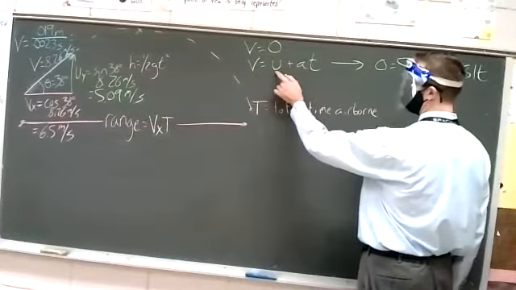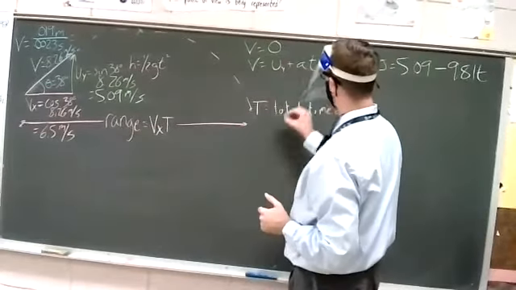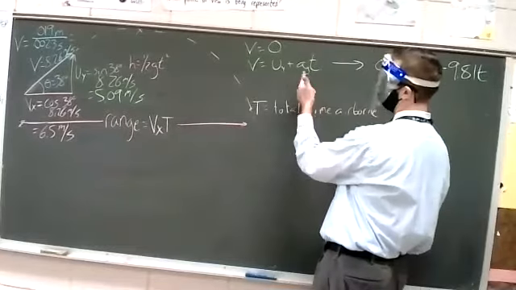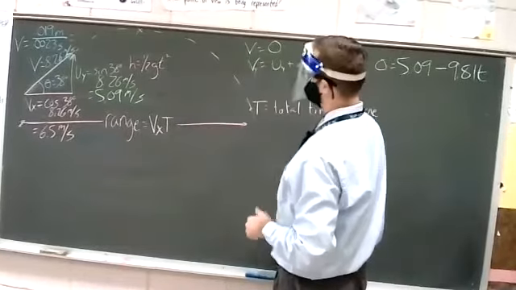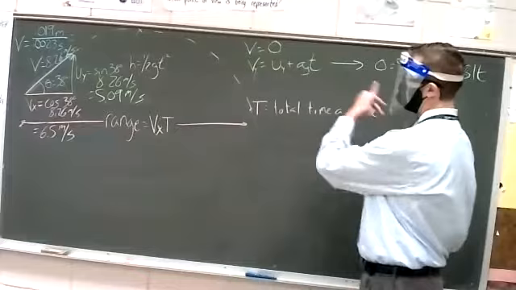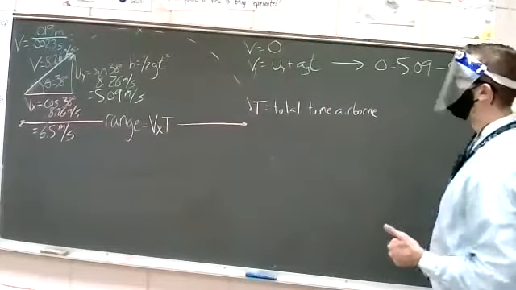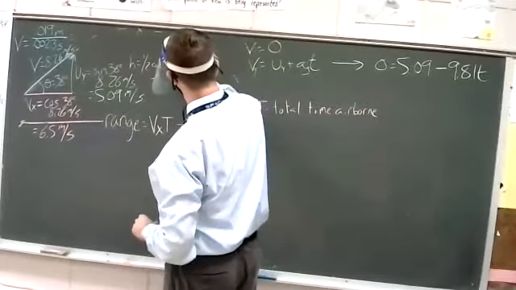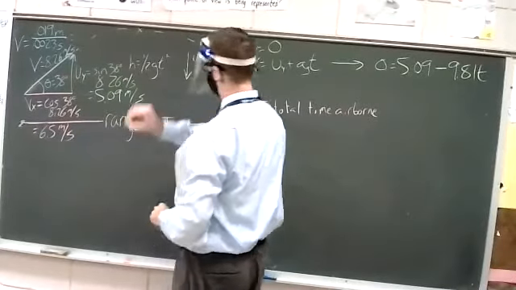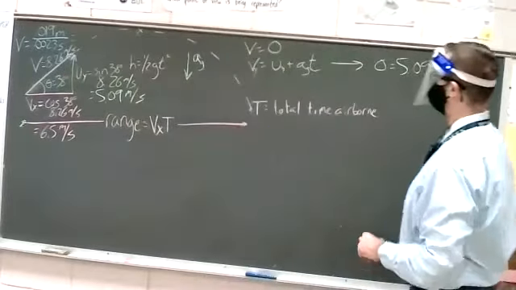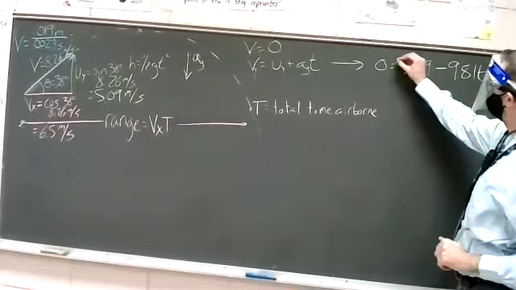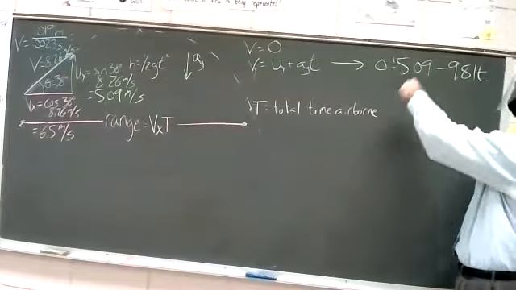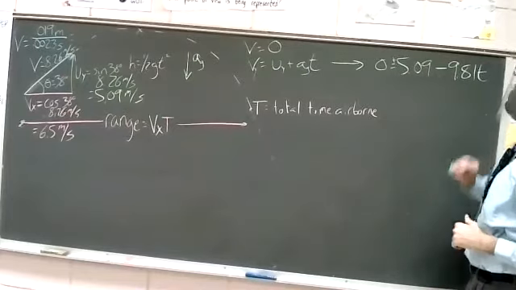We know what it started out at in the y direction, and we know gravity only affects things in the y direction, so we're only considering the y component of motion with the green chalk. That's our initial velocity vector this way, and that's the direction that the acceleration due to gravity is acting, down. So it's negative, right? This is positive 5.09. We launched it at positive 5.09 meters per second, so gravity is opposing it, negative 9.81.